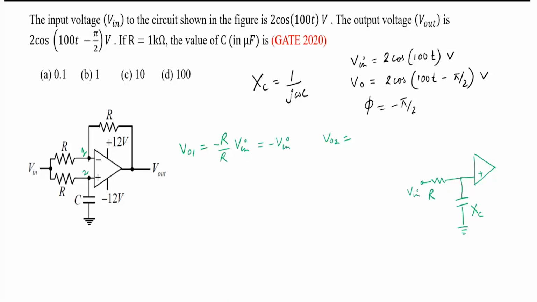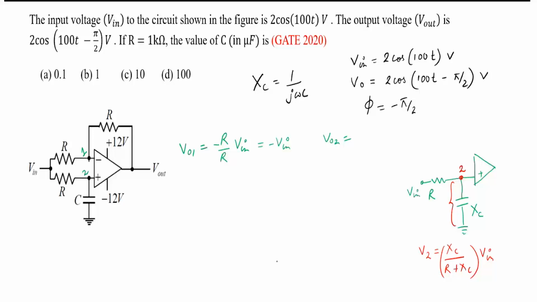In this case, the input at terminal 2 is nothing but the voltage drop across this capacitor. Yes or no? Yes, sir. So what is that voltage? What is this V2 here? V2 is XC divided by R plus XC into V in. Yes or no?